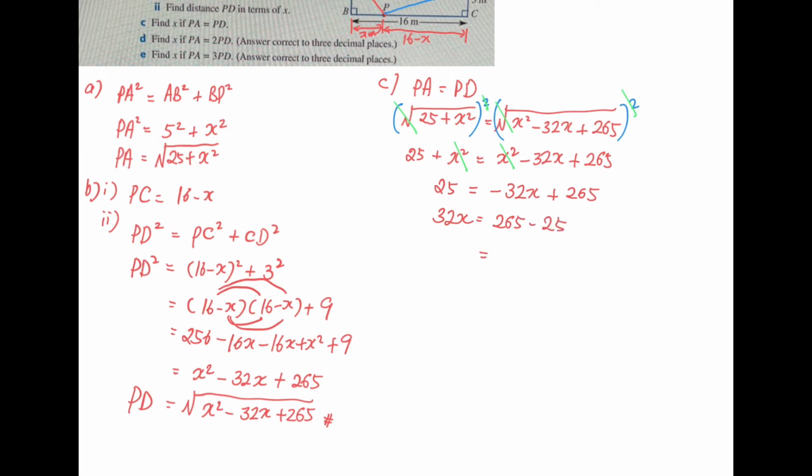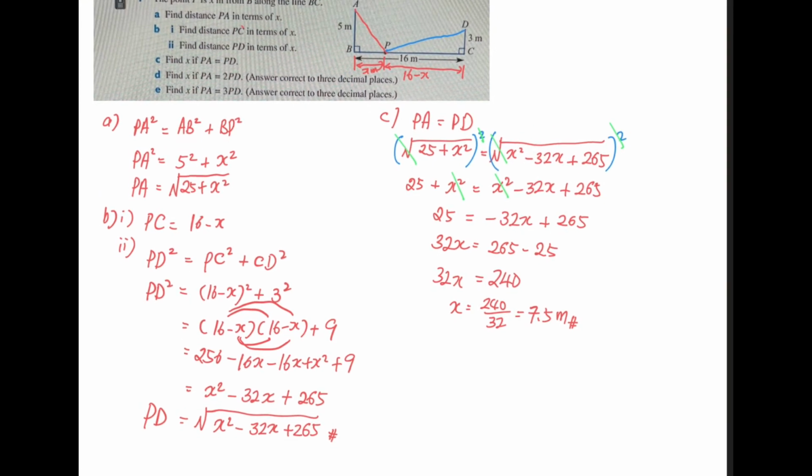Where 265 minus 25 is going to be 240, and then 240 divided by 32, so we get 7.5. So that is the answer for C.